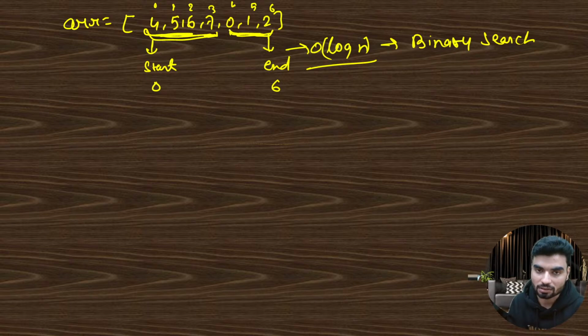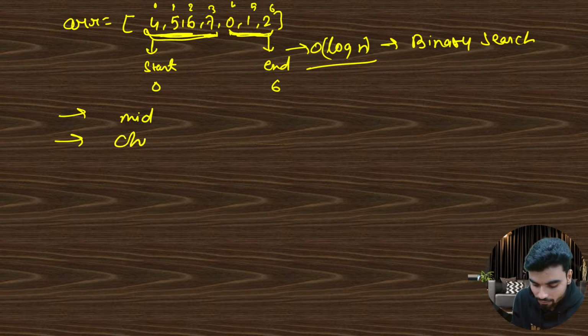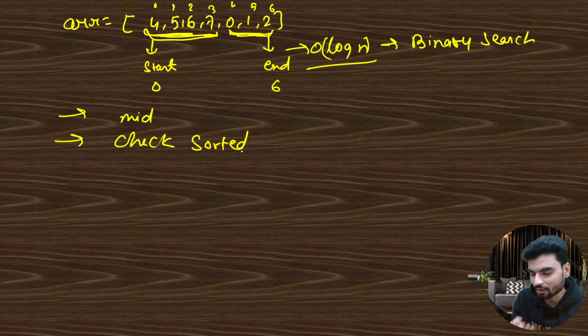So that will be the logic. We have to do two to three things. First, figure out the mid. Once we have the mid, then we have to check the sorted part, whether that particular part is sorted or not, if we are applying binary search.